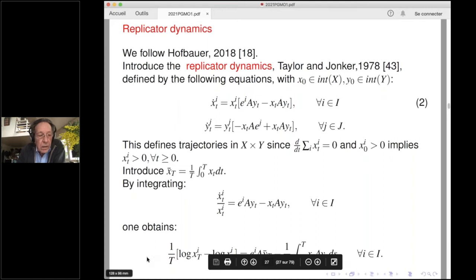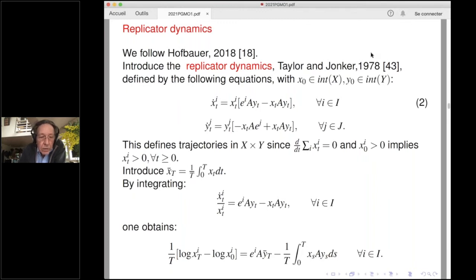So what I get is 1 over t, the log of x_i(t) minus the log of x_i(0) equals the A_i x, so the integral, the average of y, minus the average of the integral of the payoff. Okay? I'm just integrating from 0 to t the previous equation.